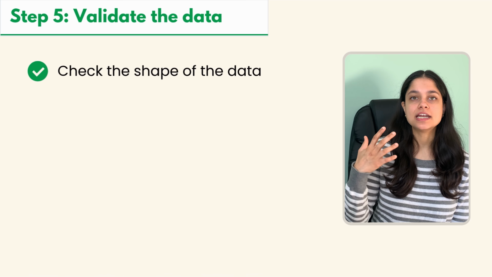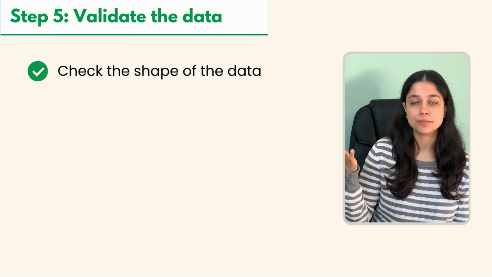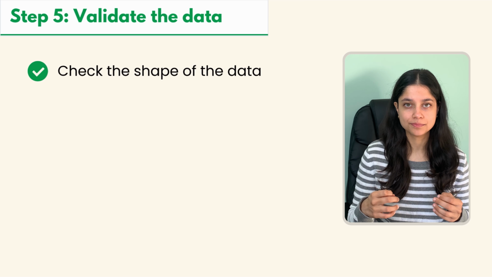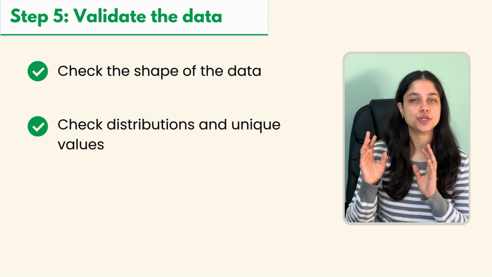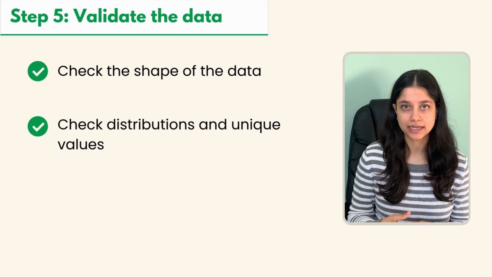You can compare the number of rows and columns that you had at the beginning before you cleaned your data set to the number of rows and columns you have after you cleaned your data set to make sure you didn't inadvertently drop out any rows or columns. You can also check the distributions of the numeric columns and the unique values in the text columns to make sure they still look as expected.